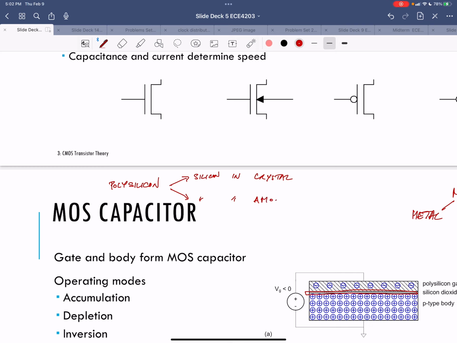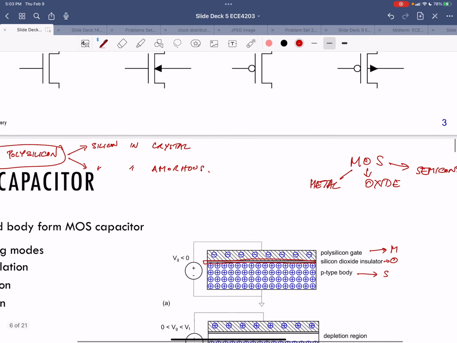That's called amorphous, meaning it does not have a crystalline structure. And there's polysilicon, which means it's not fully crystalline, but it's made out of grains of crystal. We can get really into the details of that, but that's where polysilicon comes from.